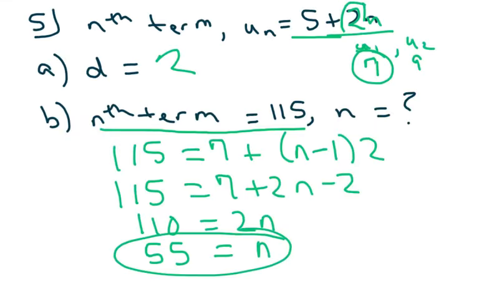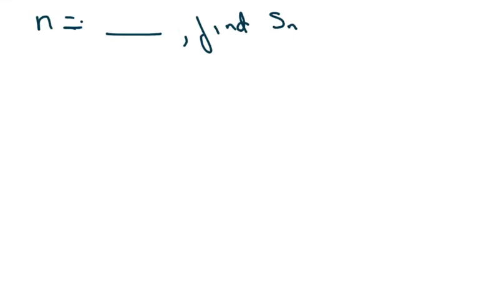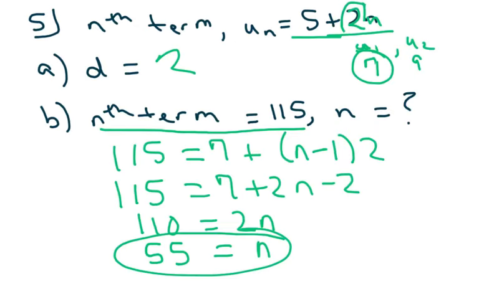Yes, again, we have to find the sum. So given n is 55, find the sum. How many terms do we have? 55.